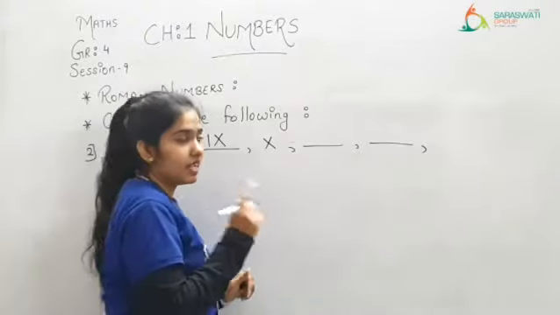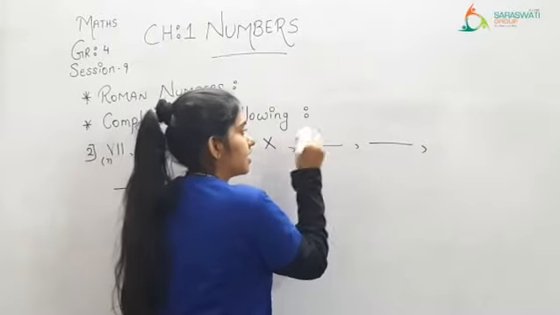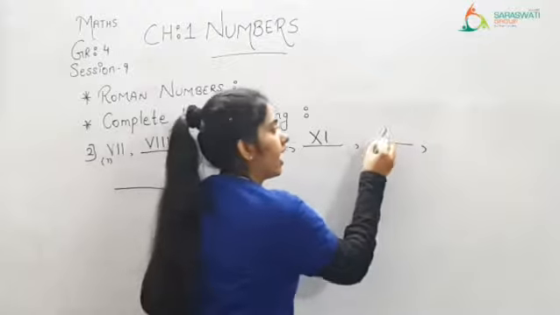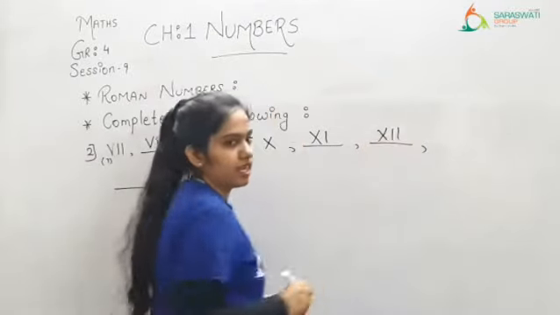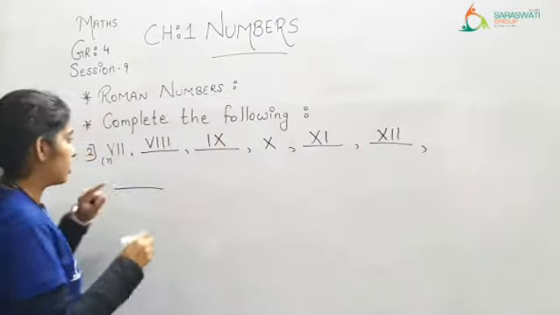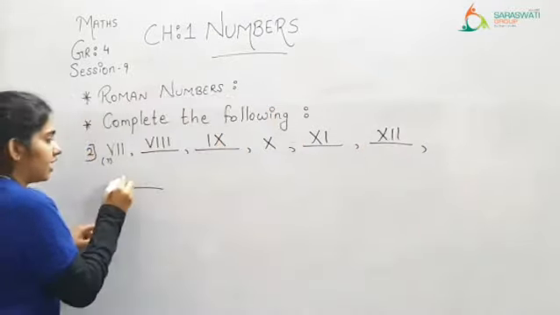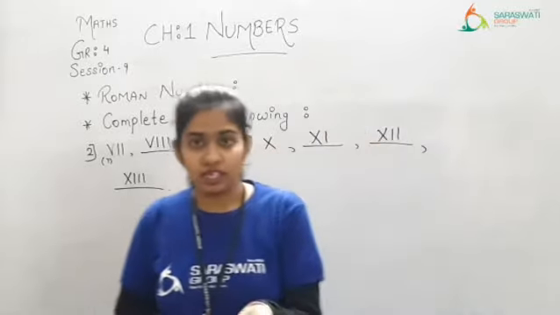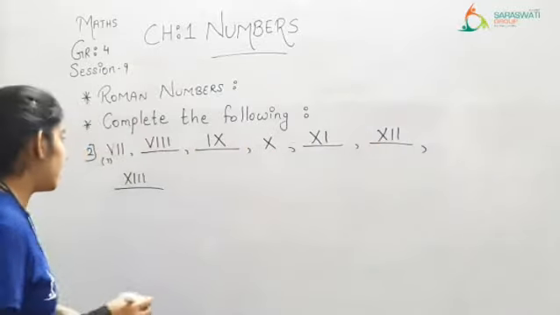Now we will write 11, that is X and I. Then 12, X, then 2 times I. So that is 12. And now 13, X and 3 times I. So this is our missing value which we have done. Now let's see the next one.